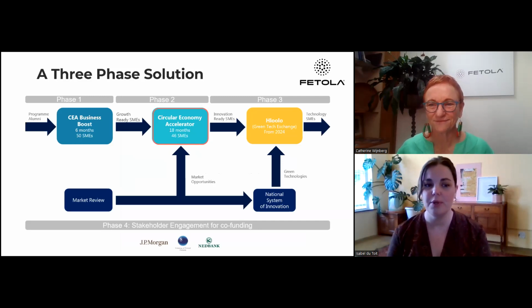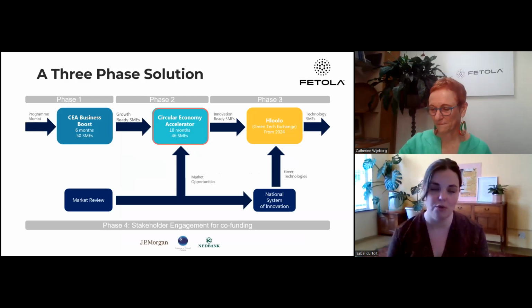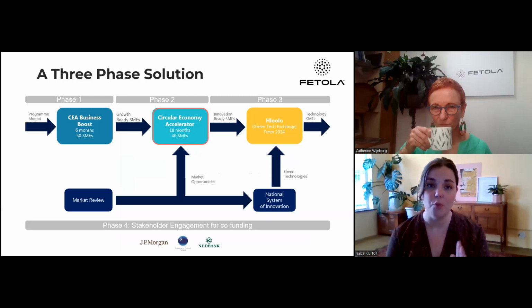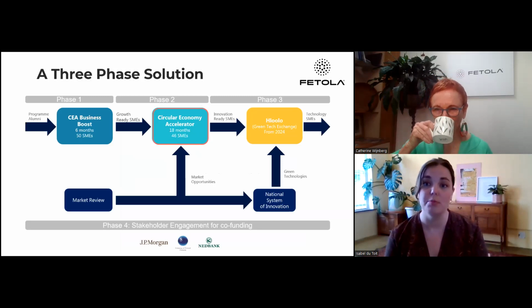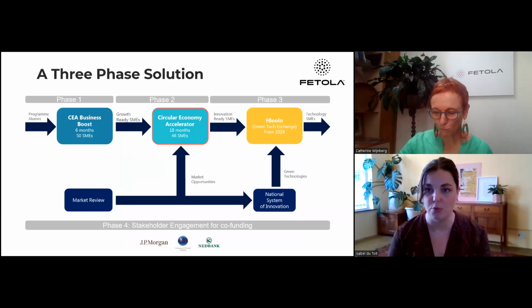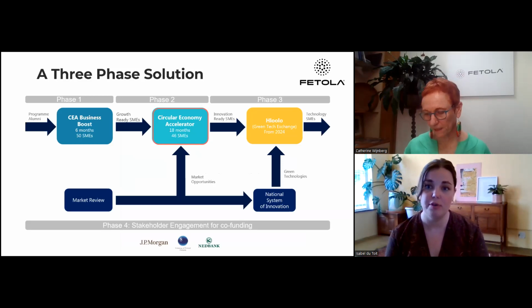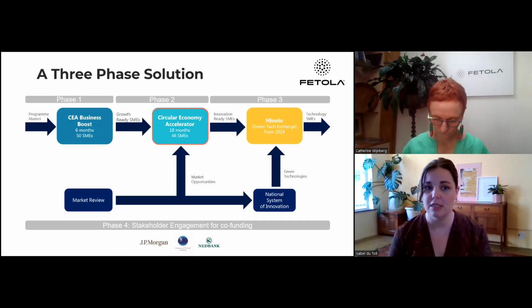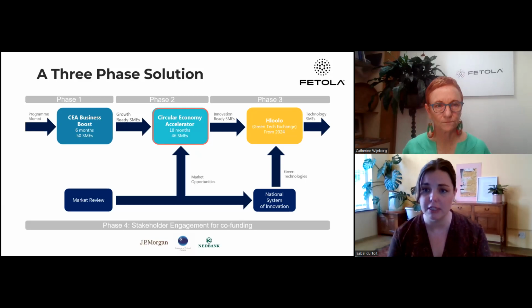Great. So when we were looking at the circular economy, we figured out through all the research that it was a viable solution for small businesses. So how do we bring that to small businesses? We created this 3-phase solution. Business Boost, the first phase, was a 6-month program focused on 50 SMEs that had really struggled through COVID.